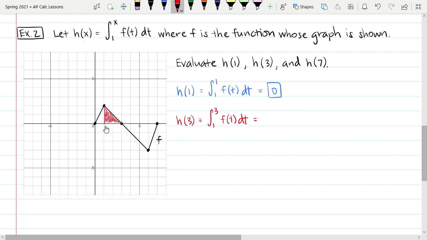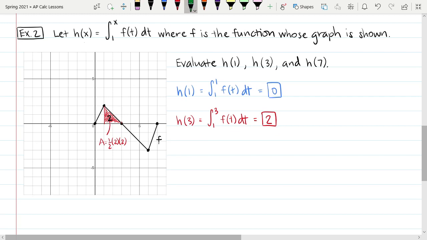Well, it's a triangle with a base of 2 and a height of 2. So remember, area is 1/2 base times height for a triangle. So this is going to have an area of 2. So that means this definite integral right here is equal to 2.